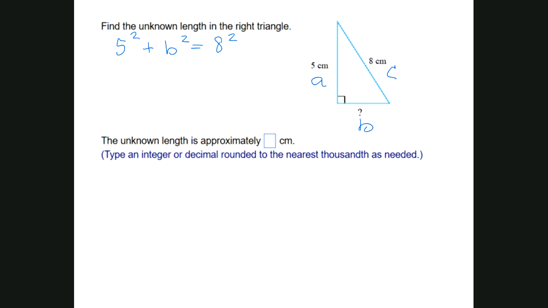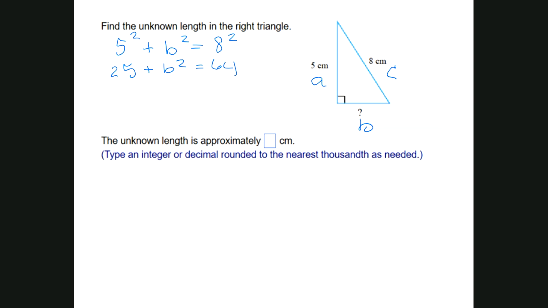Next we're going to perform the order of operations. 5 squared is 25 plus b squared equals 64. 8 squared is 64. Now remember, we have to get b squared by itself so that we can perform the square root property.